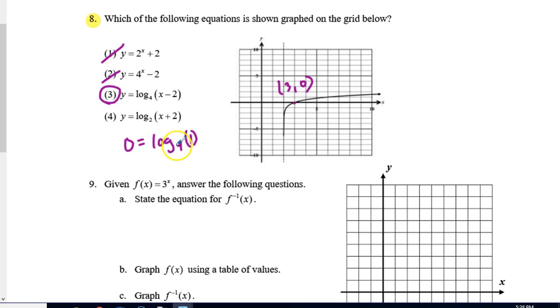So log base 4 of 1 equals 0. And if you remember, we can write this as an exponential function by doing 4 to the 0, right? A log is an exponent, equals 1. And of course, that is 1 equals 1, so it checks out.